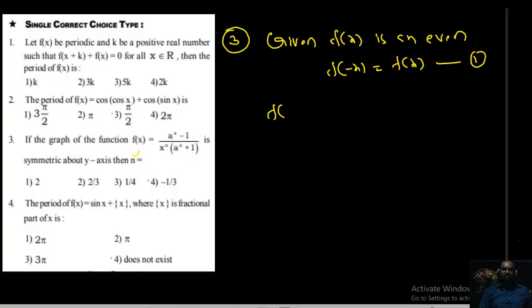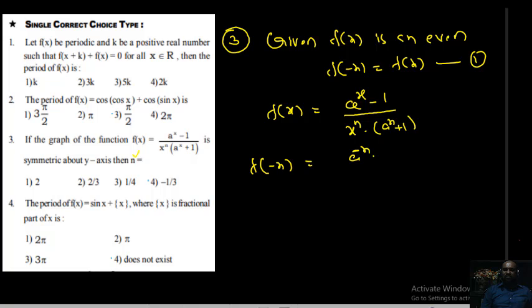So what is f of x here? f of x equals (a power x minus 1) by x power n into (a power x plus 1). We should find f of minus x now: (a power minus x minus 1) by (minus x) power n into (a power minus x plus 1).